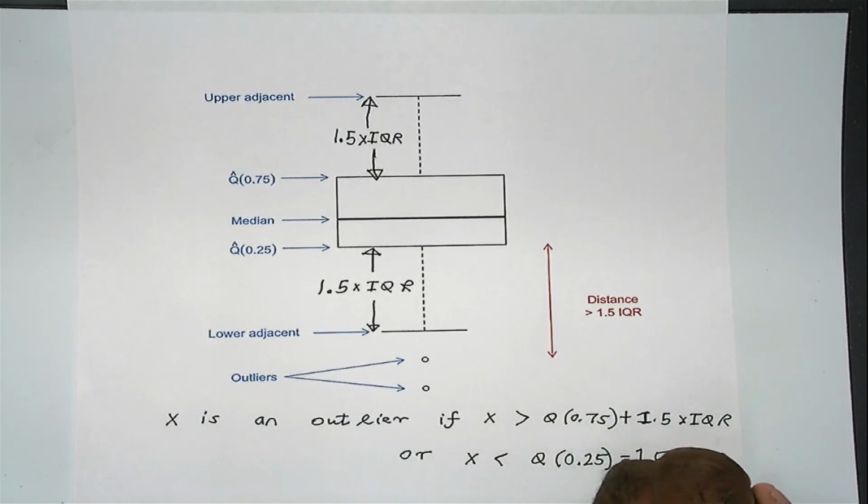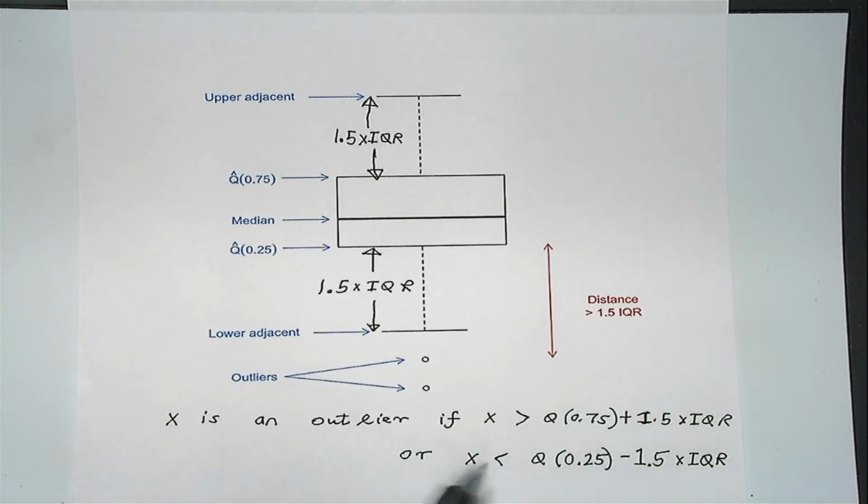If one of these conditions is true, then the data point is said to be an outlier. So either greater than the value for the upper adjacent, or less than the value for the lower adjacent.